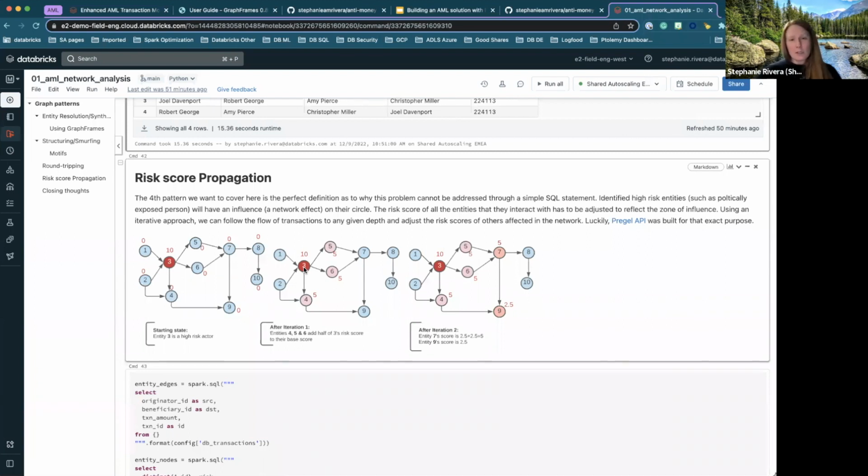Not as dangerous, but it's something to consider. And so we propagate that out again to iteration 2. We're able to see further out. The further out we go from the network of the initial high risk entity, we can see that the folks around them that are connected to them are also potentially dangerous.